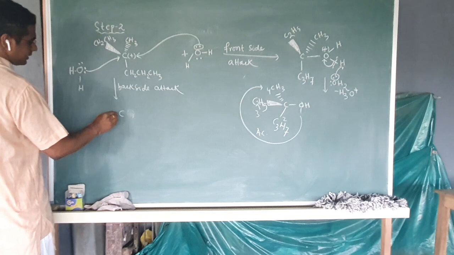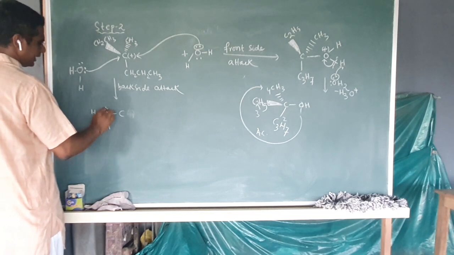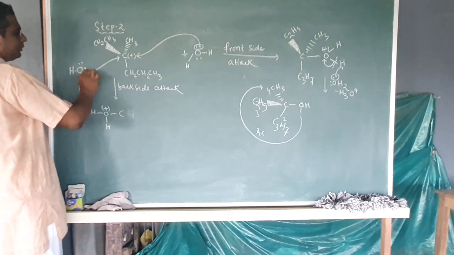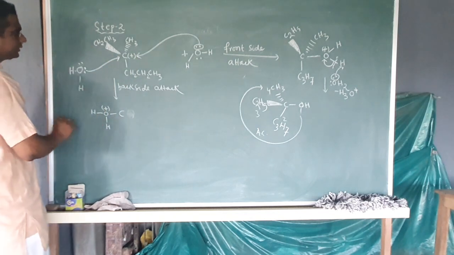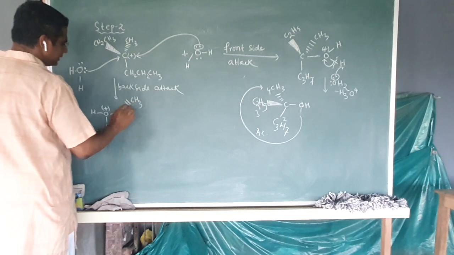Put it like this, H, this is your plus. The plus is going to change because this donated the electron to carbon, this will attain the positive charge, and obviously this will remain as it is.